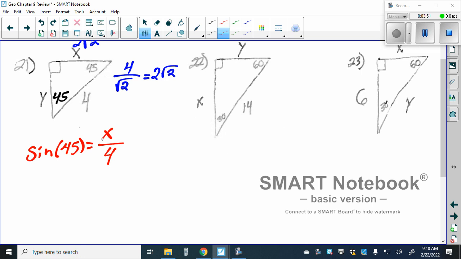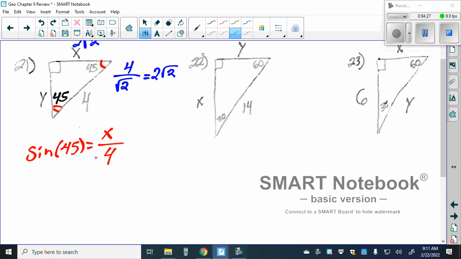We could have also called it y, because of the two angles in the triangle besides the right angle, if it's this 45, then the opposite side is y. If we use this angle over here, then the opposite side is x. So really, for this 45, 45, 90, since both of those are 45, we could use x or y, because we know those two sides are going to be the same.